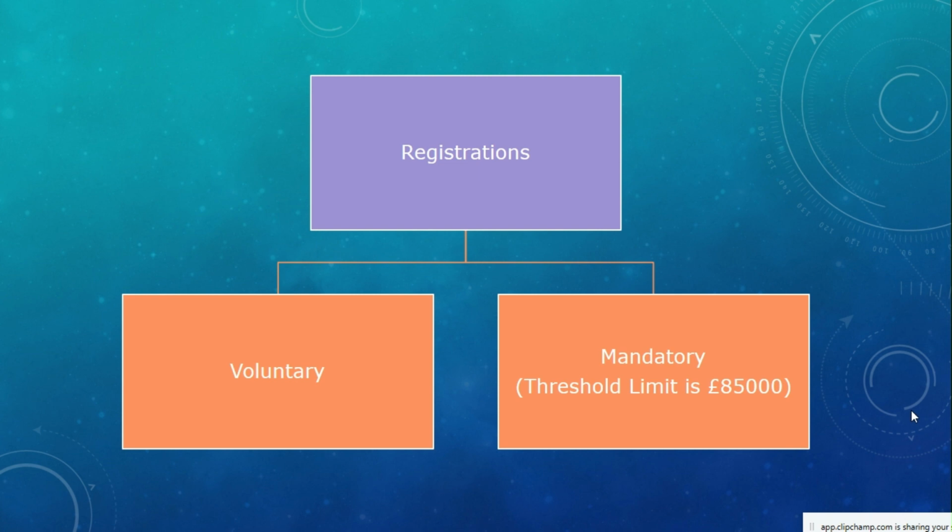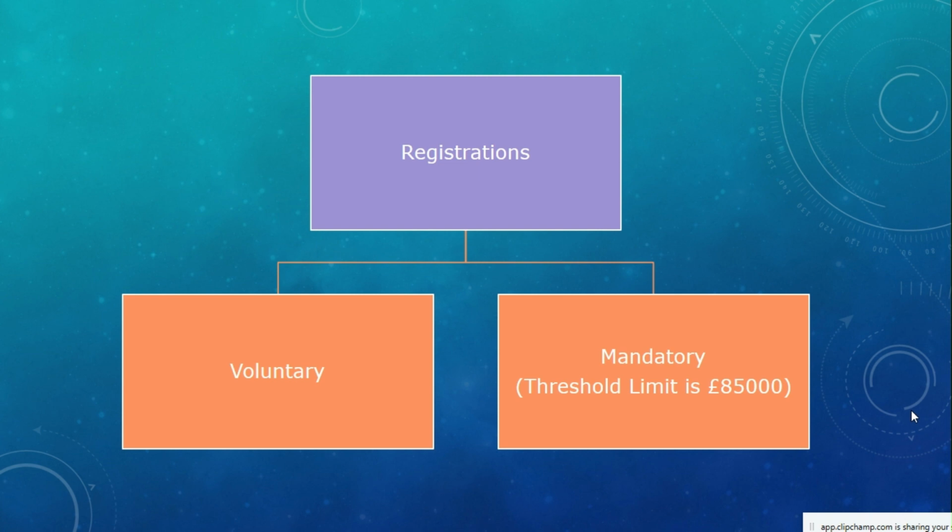Once you get registered, you will get the VAT registration number, which is called the VAT ID, from the UK authorities. That number acts as an identification number, which can be used to collect VAT, and it is also used if you want to claim any VAT which was paid at the purchase stage.